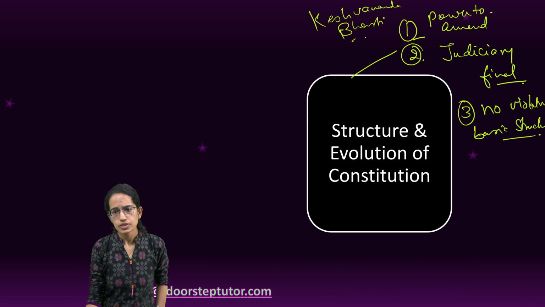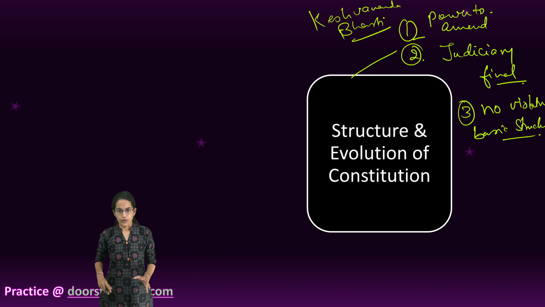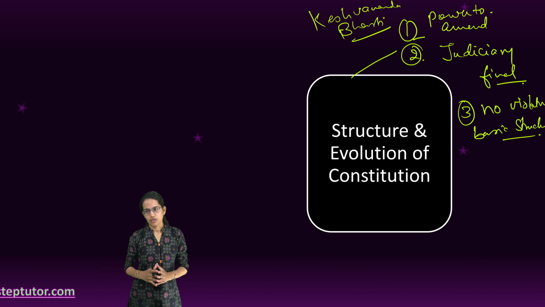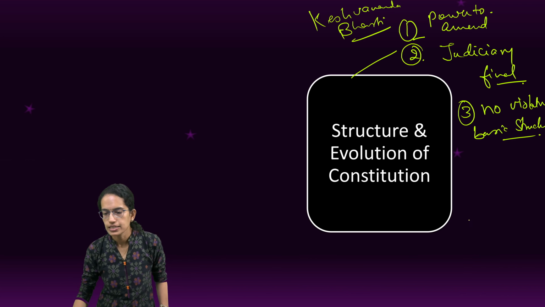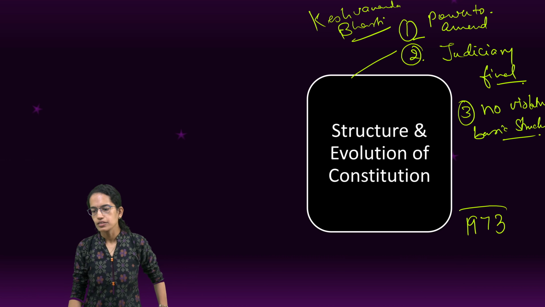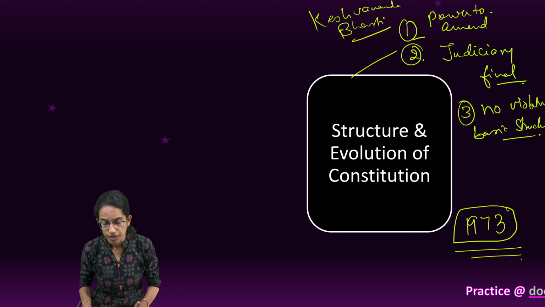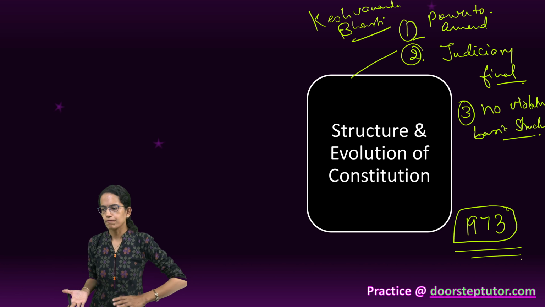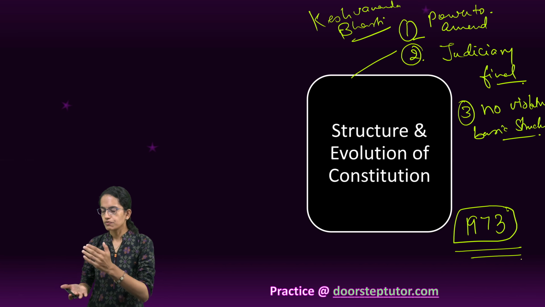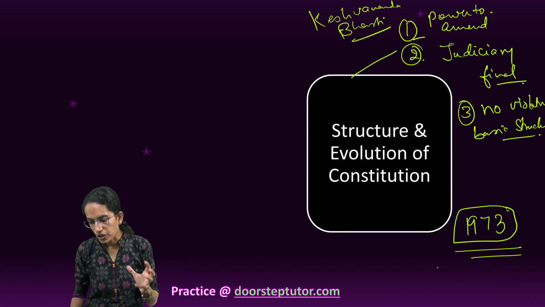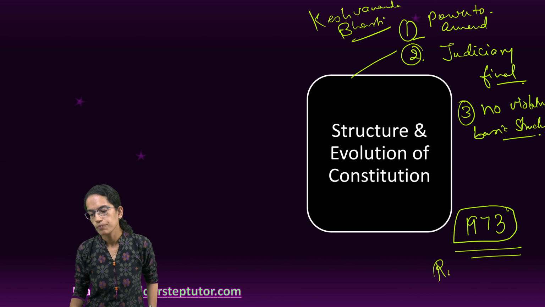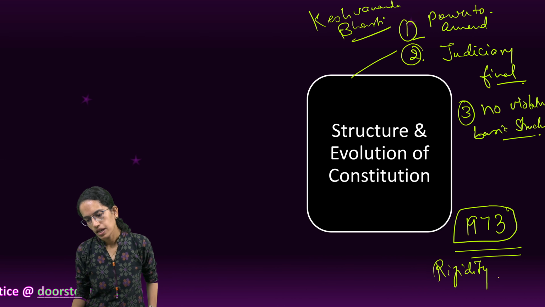Clear? Now, what is important when we talk about the structure and the evolution? Since 1973, the court has many cases which have been elaborated on the basic theory. However, there have been the basic doctrines which have been contrasted based on the rigidity and flexibility. Clear?